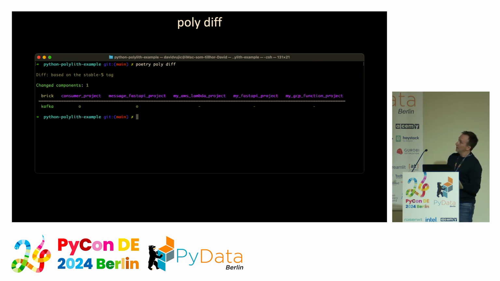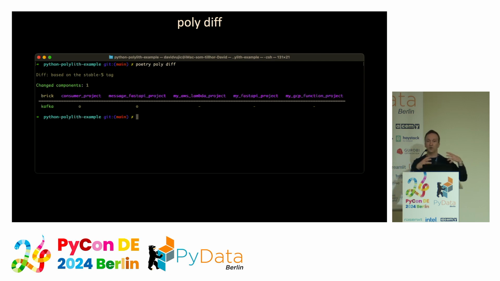And then we have a command called diff. So let's say that I'm working on one of these things. I'm working on the Kafka part. I'm changing something there. Then I would probably want to know which of these services or projects, as they are called, are affected by my changes. Because if I'm going to merge this to my main branch, I don't want to deploy everything all the time.